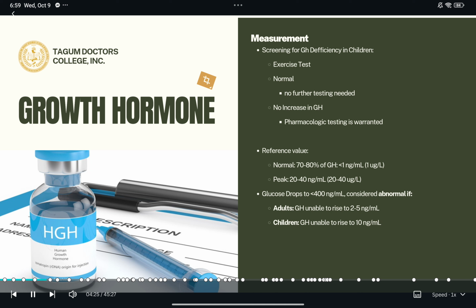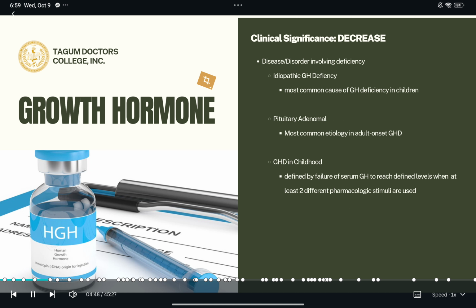So the drop in blood glucose levels should be able to stimulate an increase of growth hormone for both adults and children: at least 2 nanogram per ml for adults and at least 10 nanogram per ml for children.